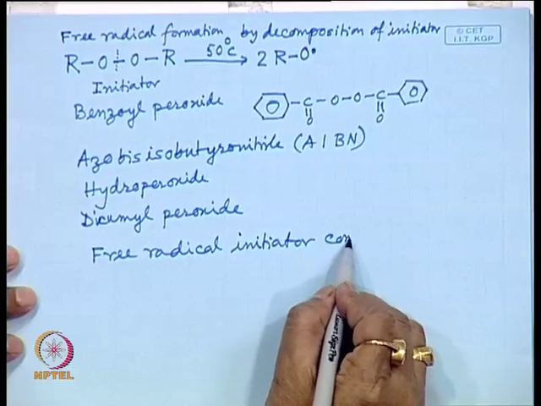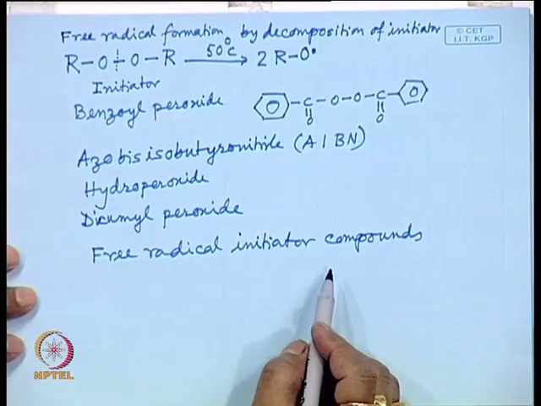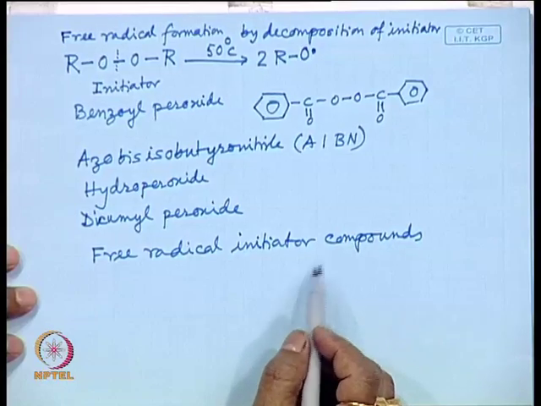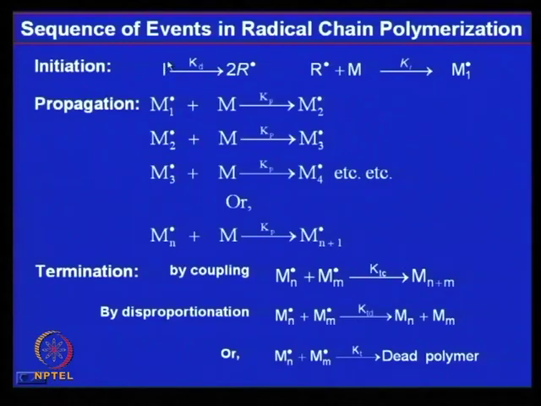Now, this initiator molecule, if that is designated by this I, decomposes thermally. So, temperature might be 50 degree, 60 degree, 70 degree, 75 degree, 80 degree. Their decomposition temperatures are different for these compounds and they have certain half lives.